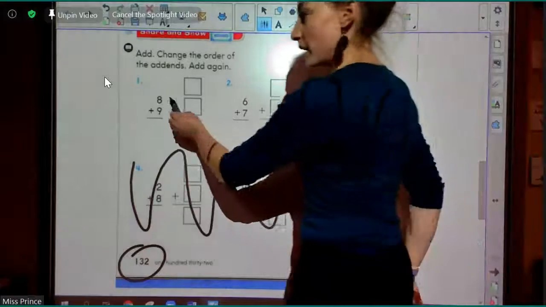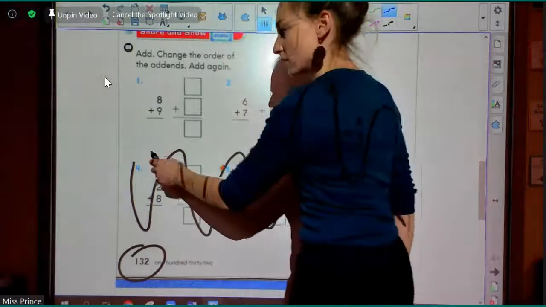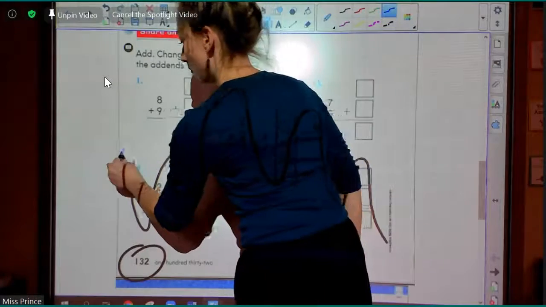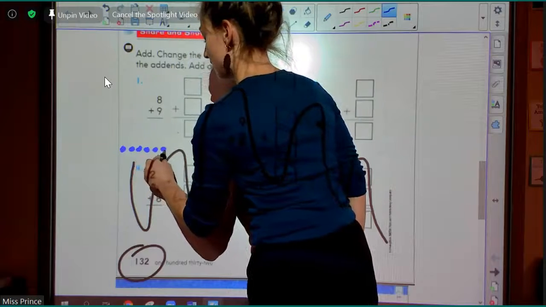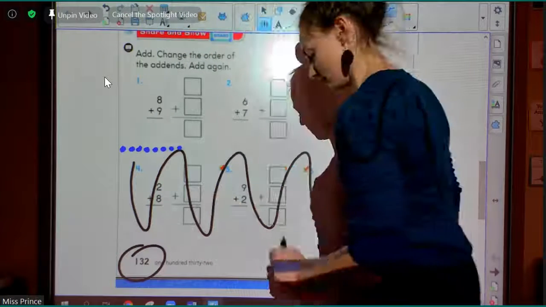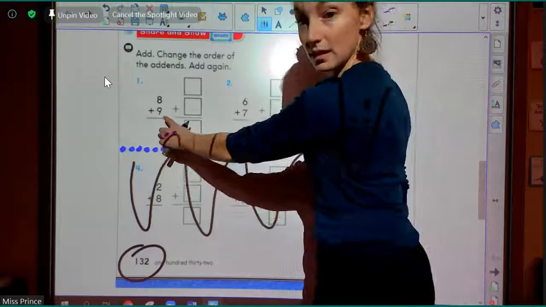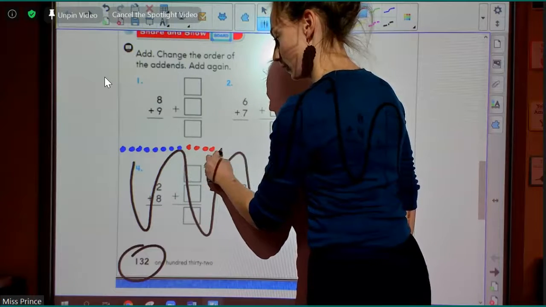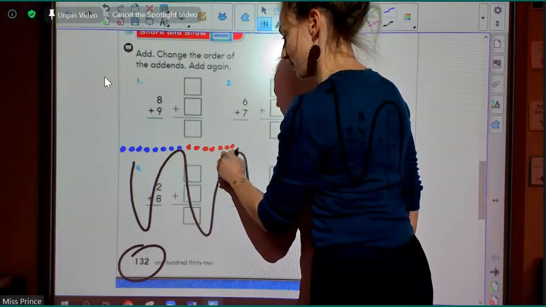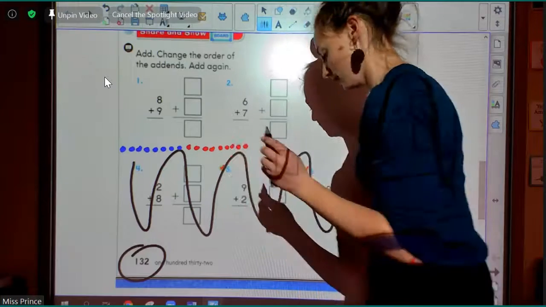So we're going to do 8 blue. And I'm just going to do little dots. 1, 2, 3, 4, 5, 6, 7, 8. 9 red dots. 1, 2, 3, 4, 5, 6, 7, 8, 9.